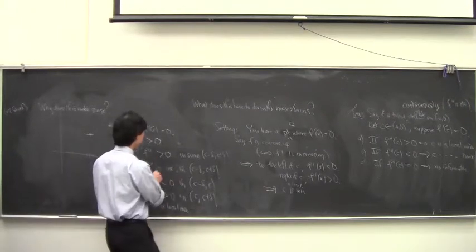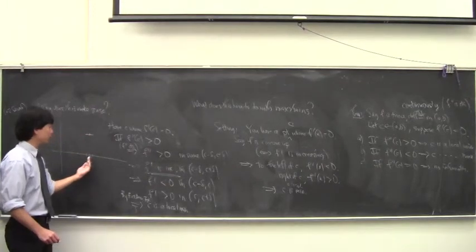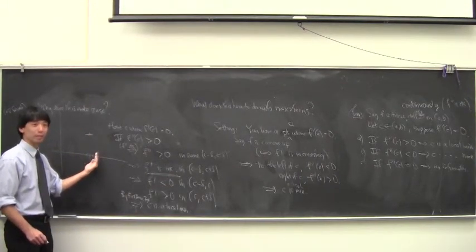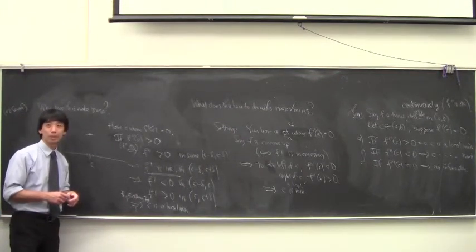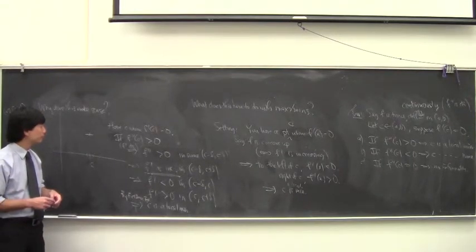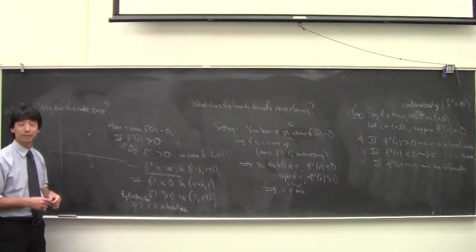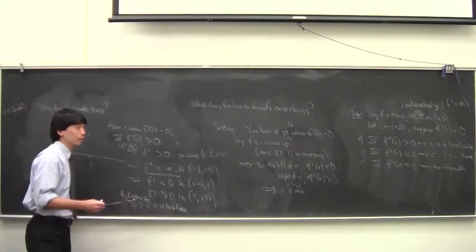So you have this little neighborhood where f prime is increasing, and it's 0 in the middle of it, so it must be negative on the left and positive on the right. Same thing. Okay. Yeah, Sarah. Yeah, that's f prime. Okay.